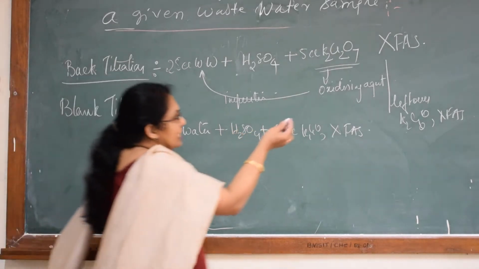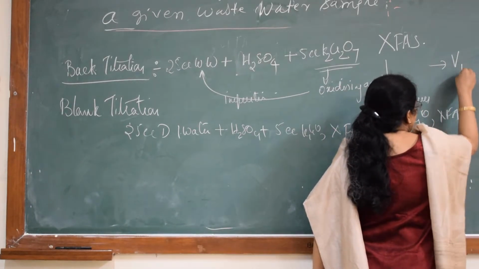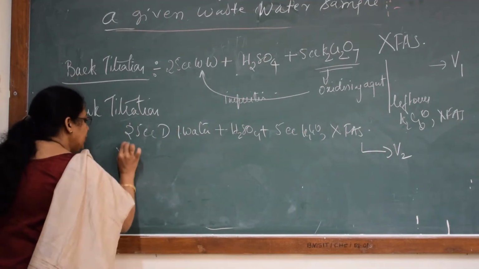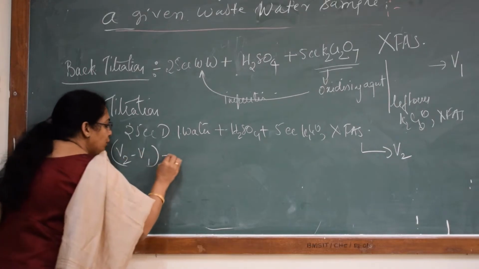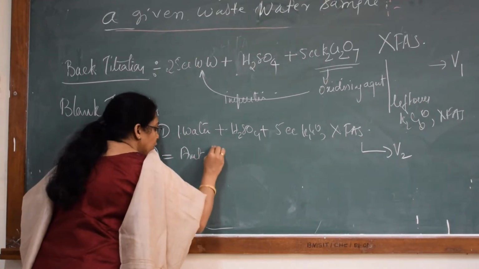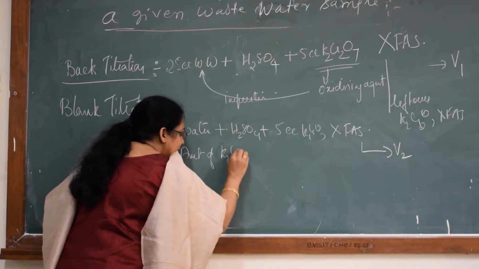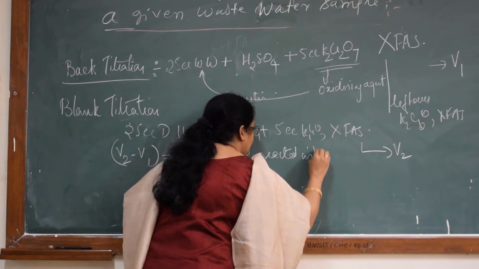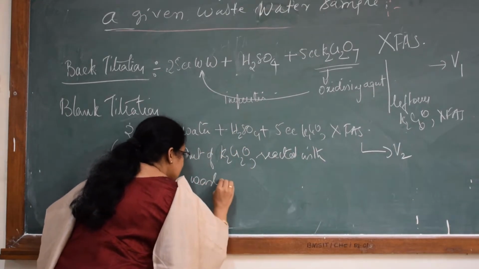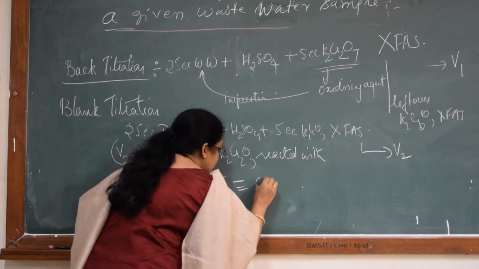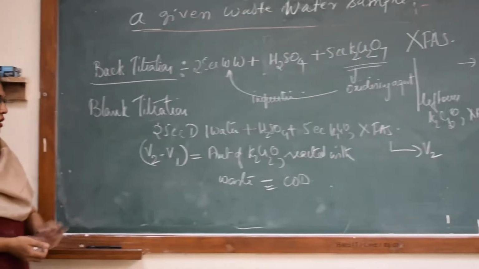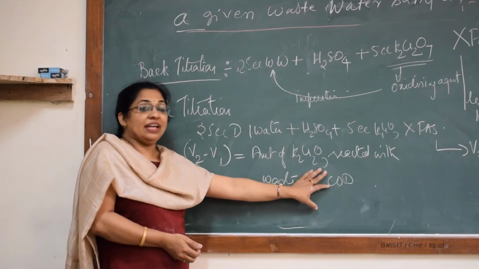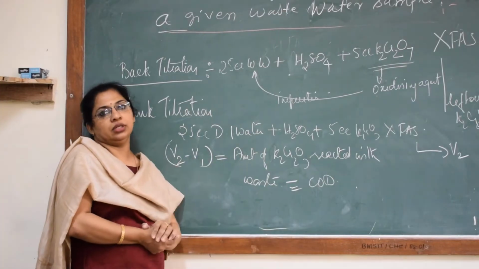So if the titration value here is V1, and here you get V2, V2 minus V1 will give you the volume of dichromate which reacted with the waste, which is equivalent to the COD. So you get the titration volume, that is V2 minus V1, which reacted with the waste.